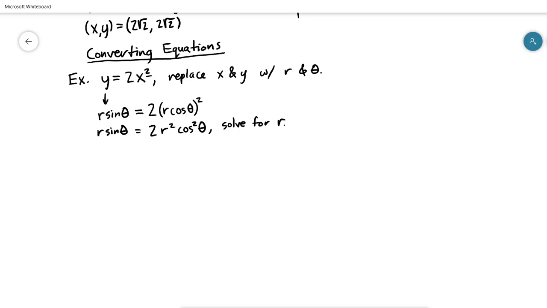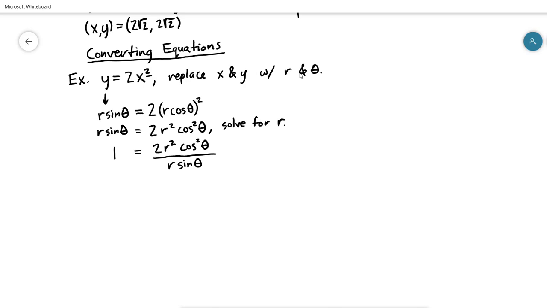So let me do it with the arrow instead. I want to isolate the r by itself. So I'm going to divide both sides by this term. On this side, that'll leave me with just a 1. And on this side, I'll have 2r squared cosine squared of theta divided by r sine of theta.